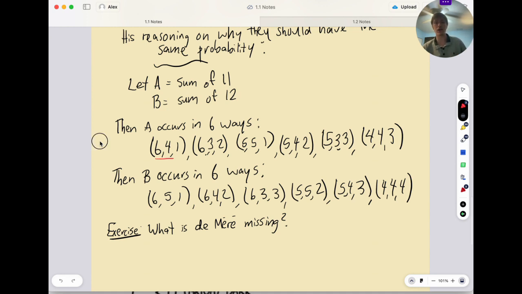But for each of these ordered triples, I could rearrange the numbers in such a way that I also get a sum of 11. Okay, so then the question becomes, well, for a 6, a 4, and a 1, how many different ways are there to arrange the 3 numbers and still get a sum of 11?